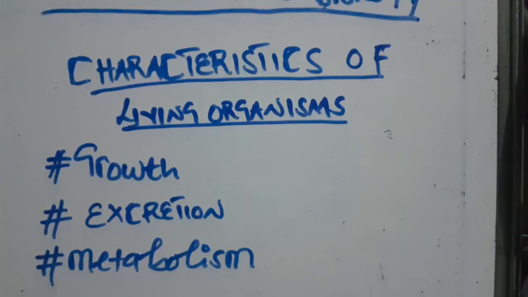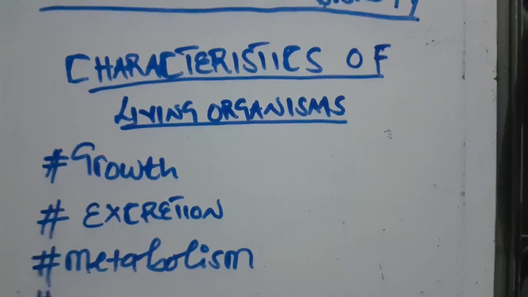All chemical processes or reactions that take place in a living organism are termed metabolism. We can talk about digestion, and even excretion itself falls under metabolism. So all chemical reactions, that is what we call metabolism.